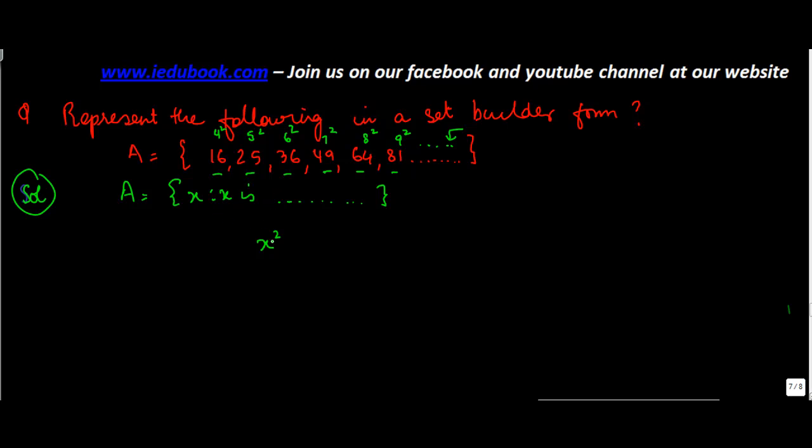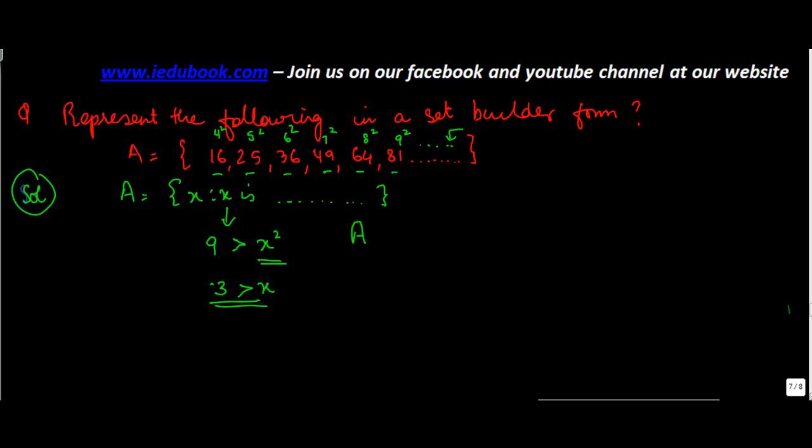X is a square of a number, and x square is greater than 9, or x is greater than 3, right? Because in this set we have to represent the value of x.